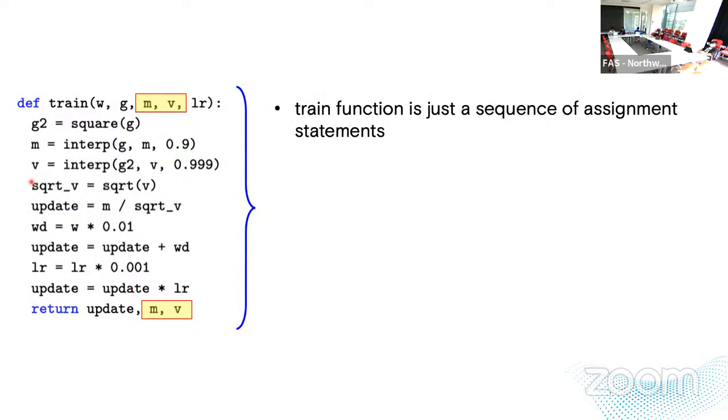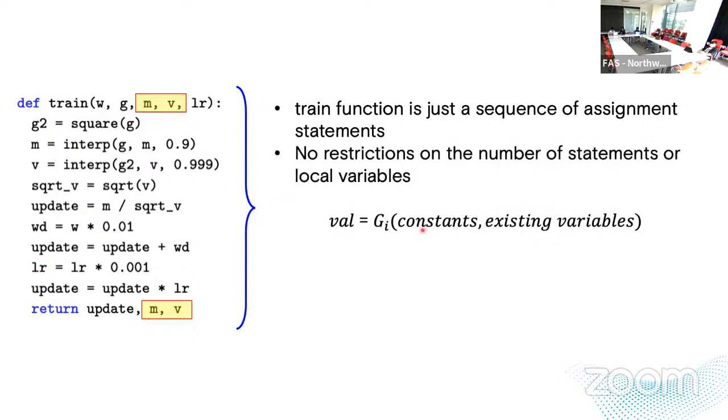Even though this makes some sense to us, let's think in an abstract way: this is a function which takes the weights, gradient, and learning rate, and returns what update we need to do. All these lines are just functions which can take a constant or existing variable and return a new variable. They say that there's no restriction on the number of statements or local variables.